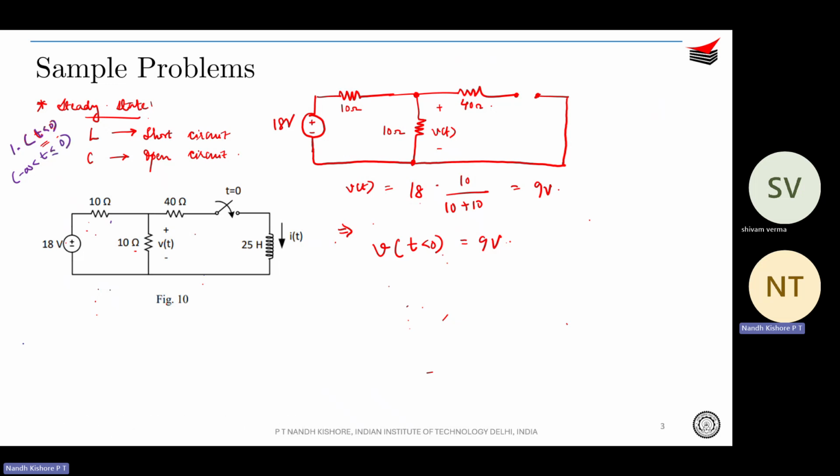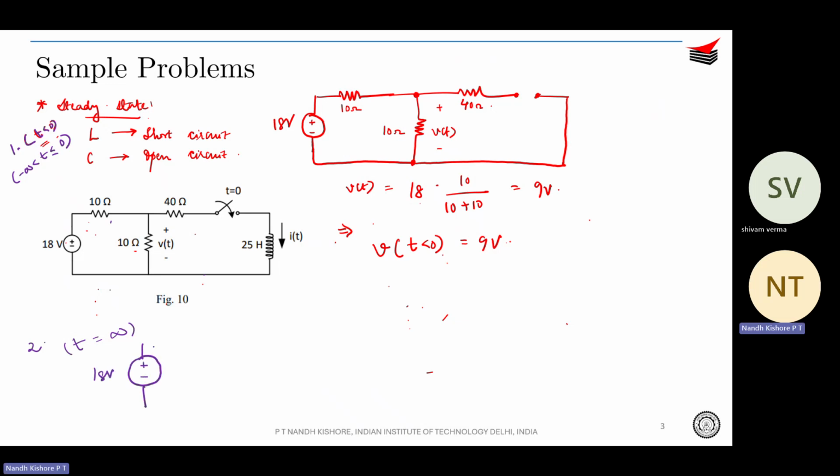You have another steady state at t equal to infinity, that is, after the switch closes, at an infinite time period. So what would the circuit look like in that scenario?